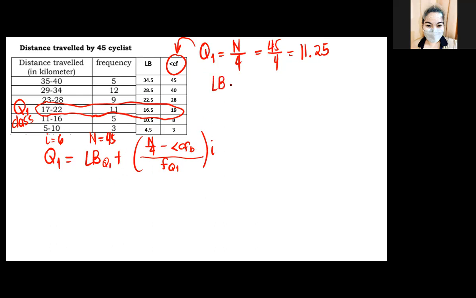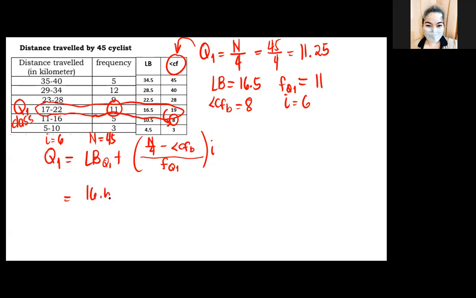Yung lower boundary niya po ay equal to 16.5. Then, yung cumulative frequency niya below or yung mas mababa sa kanya ay 8. And yung frequency ng Q sub 1 natin ay 11. Yung I ay 6.